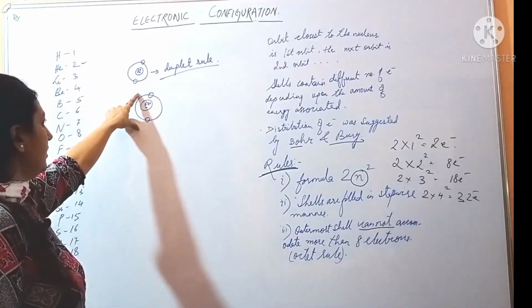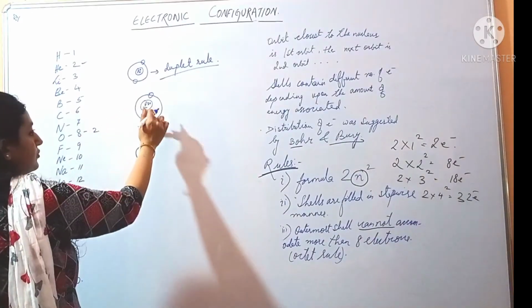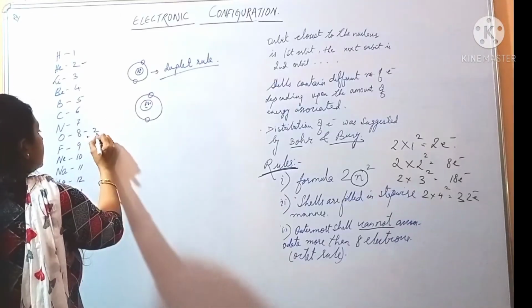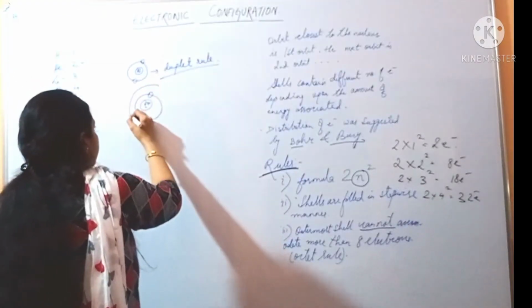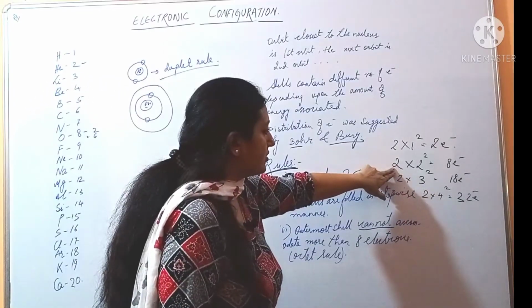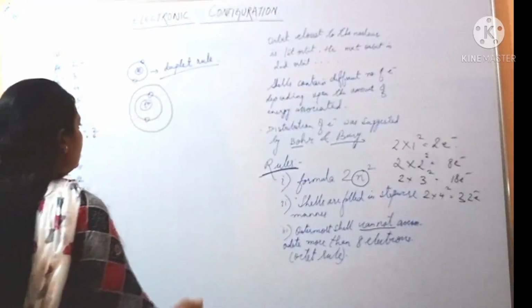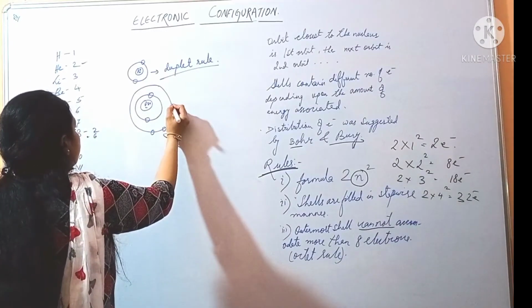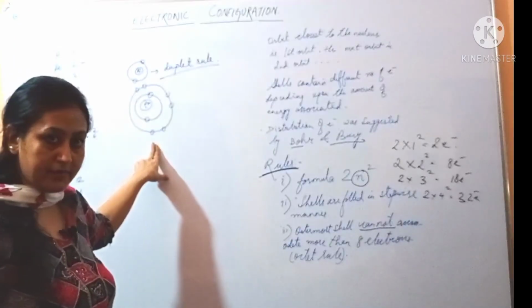Out of 8, 2 are here. How many are left? Out of 8, 2 electrons have been accommodated, so 6 electrons are left to be accommodated. Coming up to the next shell, the capacity to hold electrons in the second shell is 8, but we have only 6. So 1, 2, 3, 4, 5, 6 electrons this atom will have.